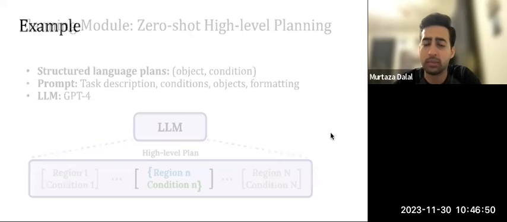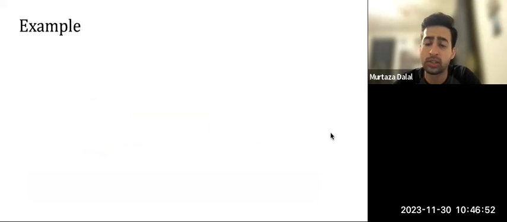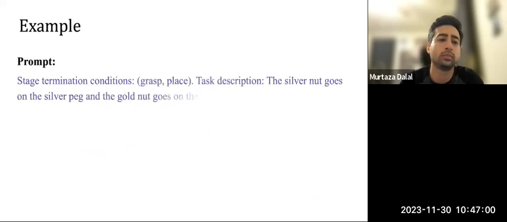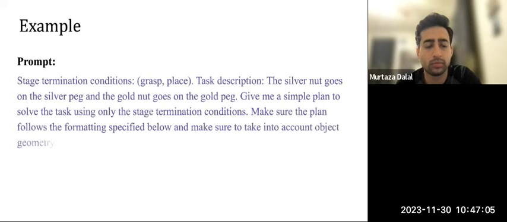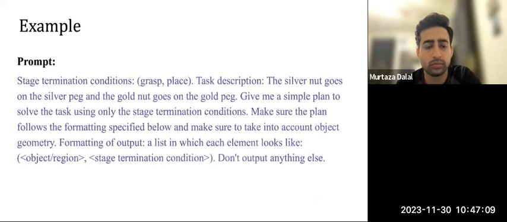So here's an example of the prompt as well as the plan that we use for a specific task, the nut assembly task. Right. I hope you were able to read that at the speed at which it was coming out.